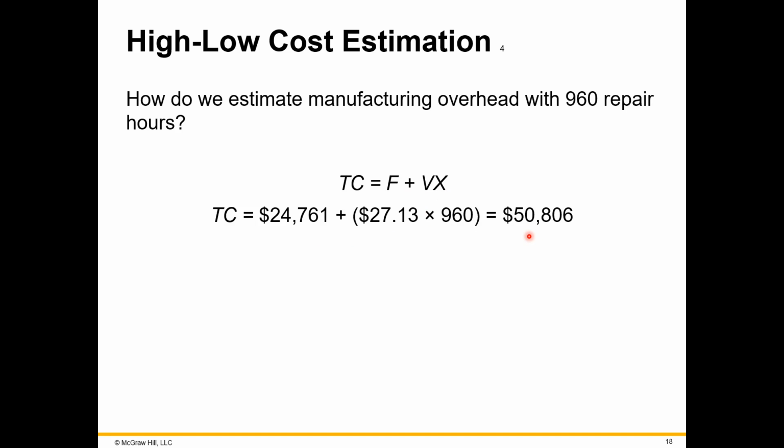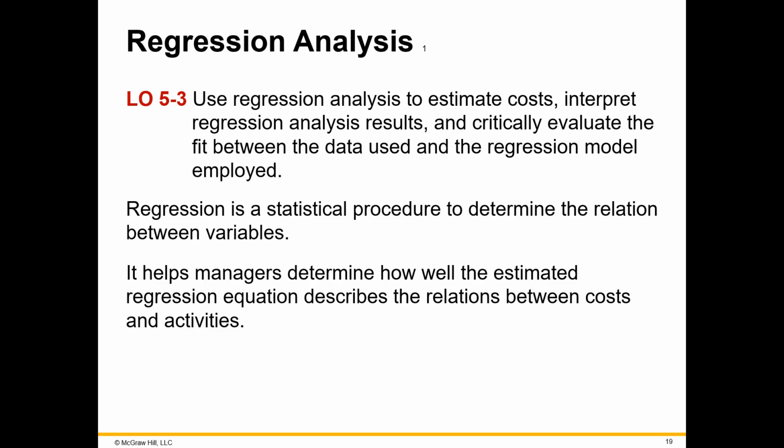The book also mentions regression analysis. That's just a fancy term for what we did with the scatter graph. We plotted the points and drew a line that best fit through those scatter points. Now remember, we did the eyeball method, so we just drew the line as best as we could and tried to make roughly the same number of points above the line as below the line.